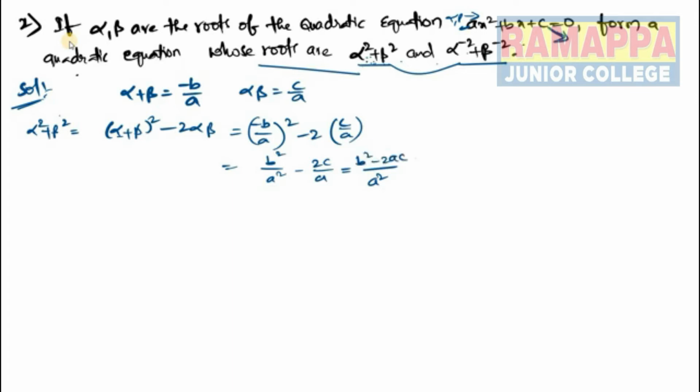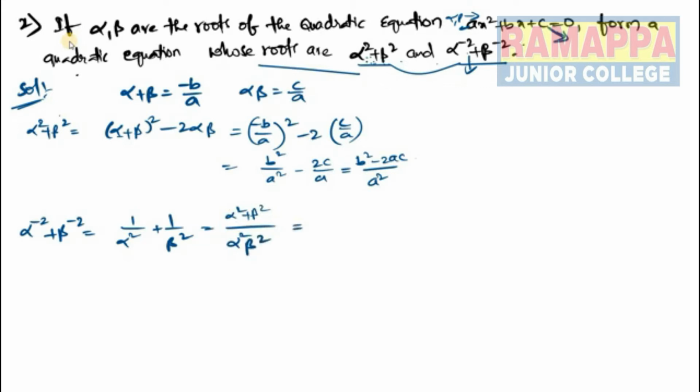Now another thing: alpha power of minus 2 plus beta power of minus 2 is equal to 1 by alpha square plus 1 by beta square. Why am I writing the power of minus 2 like this? I am writing it in the denominator. So it will become alpha square plus beta square divided by alpha square beta square.